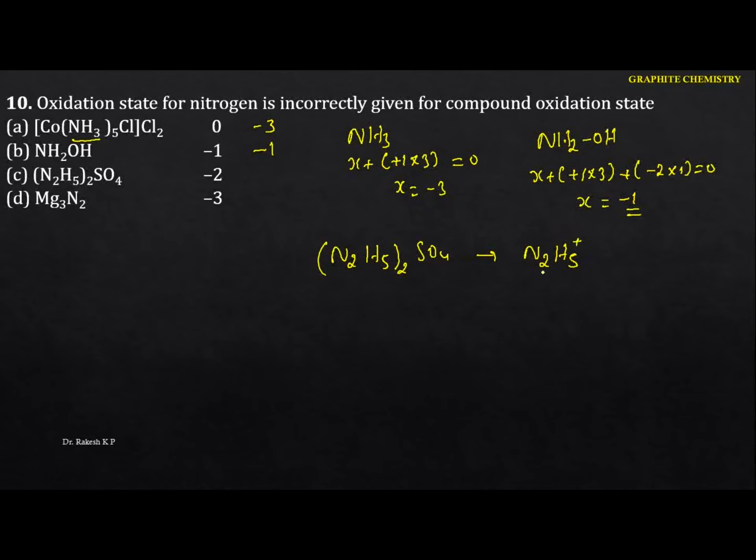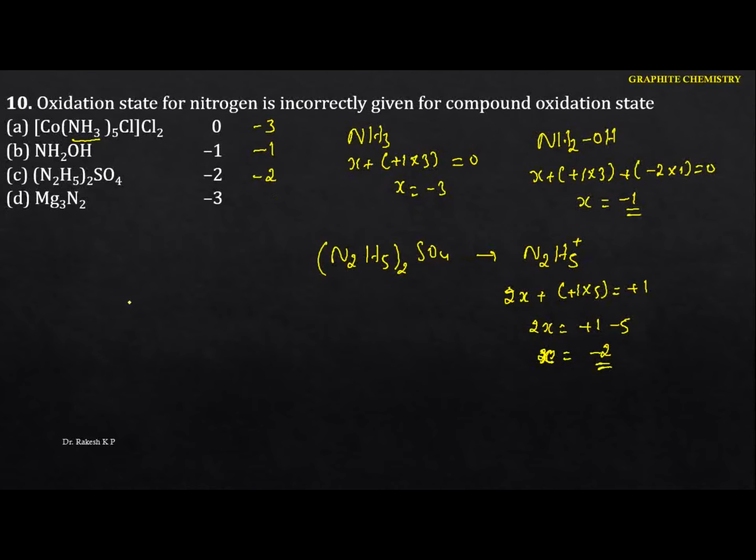If you want to calculate here, I'm going to write it as 2x, plus 1 into 5, which is equal to plus 1. So 2x is equal to plus 1 and minus 5. I'm directly writing the x value. The x value you are going to get is minus 2. So here also we got the exact value.